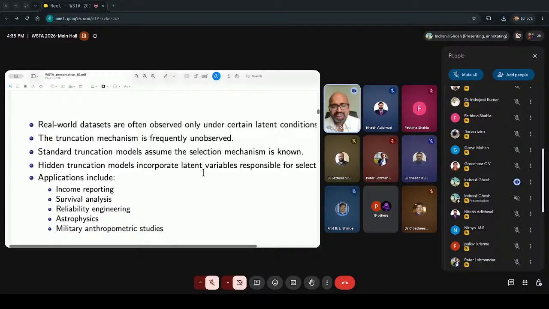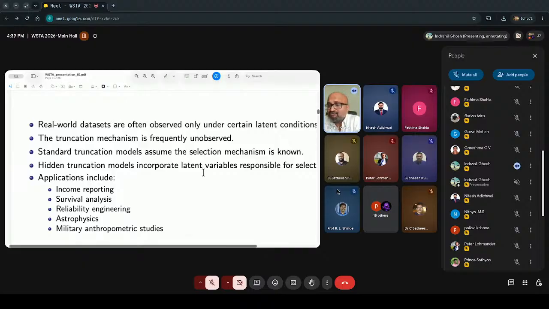They may not have used the term hidden truncation, but they have utilized this concept, the ideas of latent variable modeling. It is equivalently known as truncation. What is interesting is that it is much easier said than done.